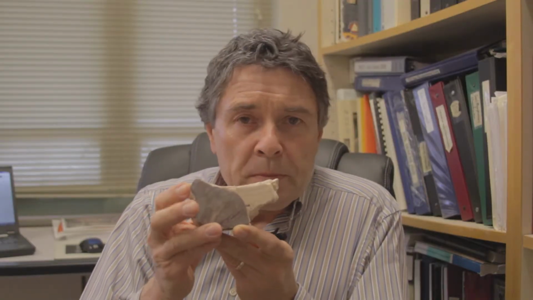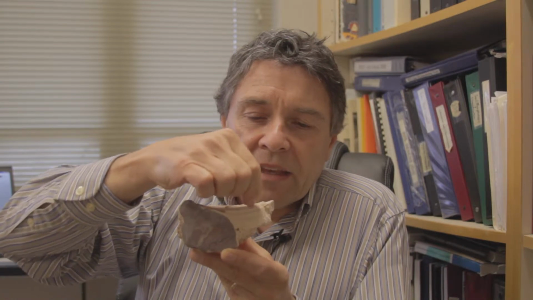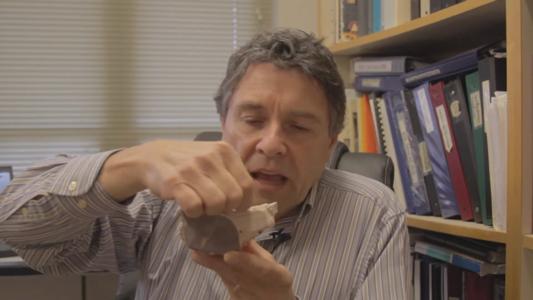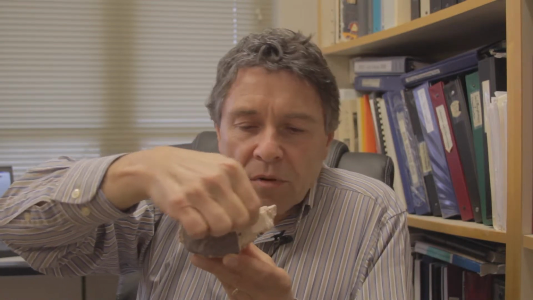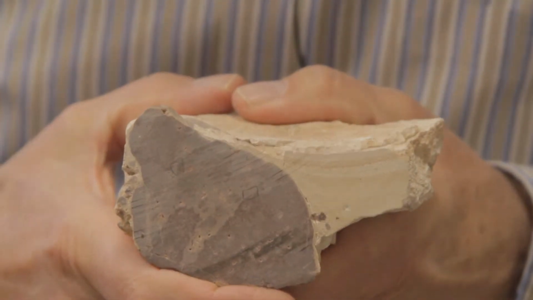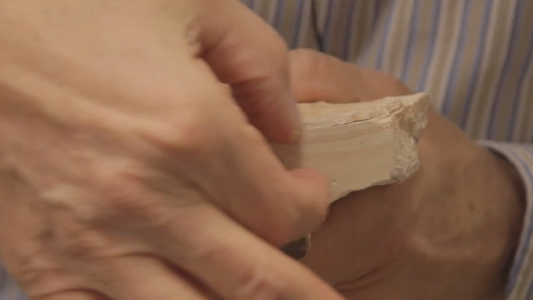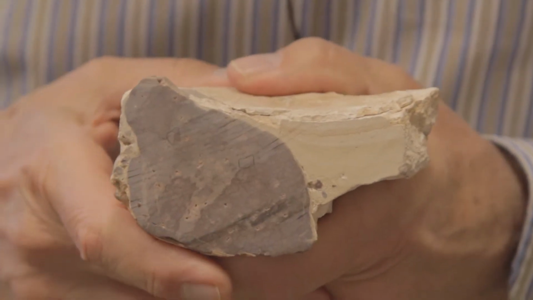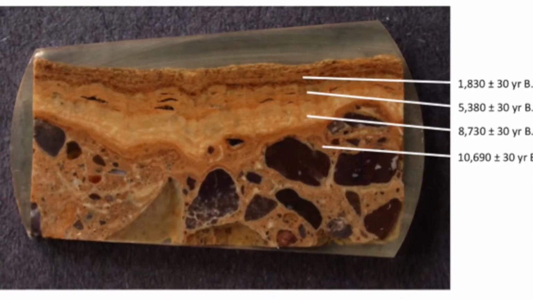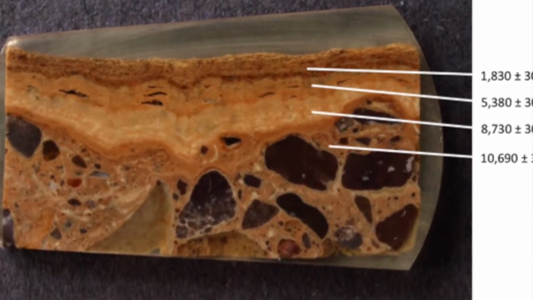But there are various layers that we can dissect. And as we go down deeper, we're going back farther in time. What we found is that about 1 inch, or even less than an inch, about 3/4 of an inch of this sample covers a time span of about 10,000 years.